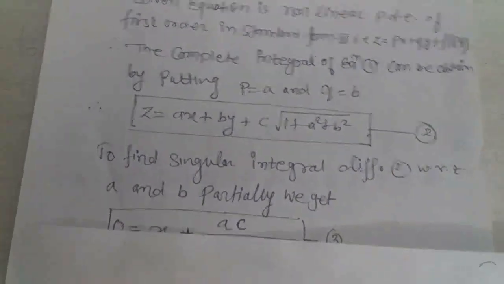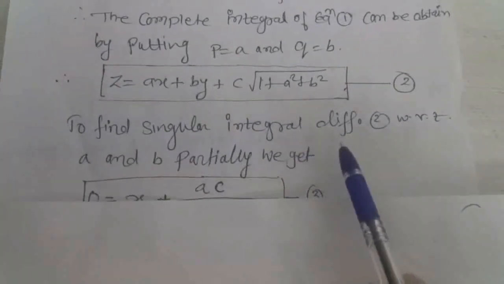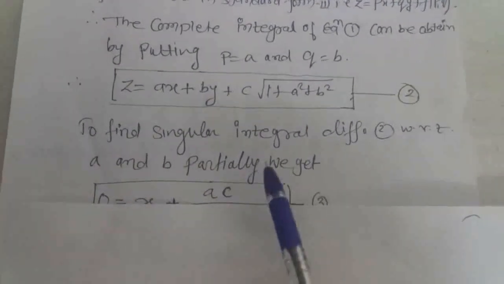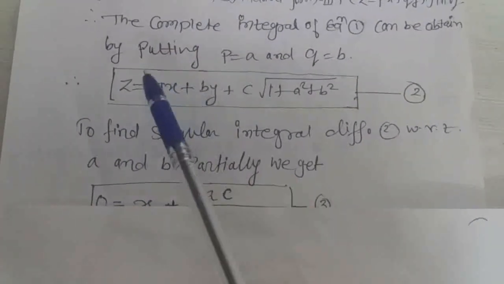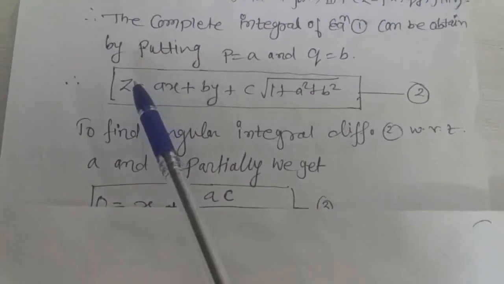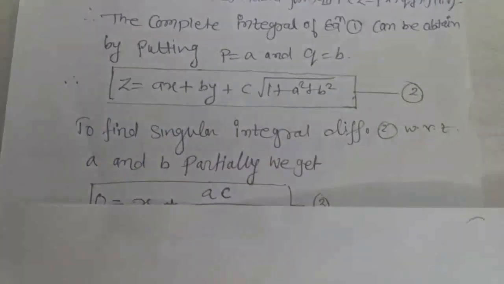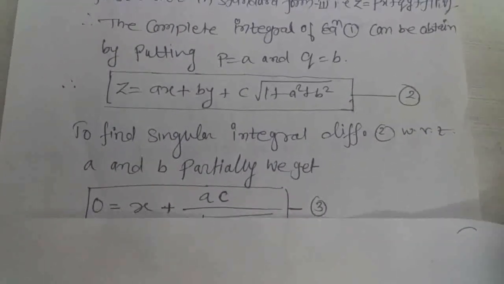So to find the singular integral, differentiate second with respect to a and b partially. Now first we differentiate equation second with respect to a. The partial derivative of z with respect to a is 0.